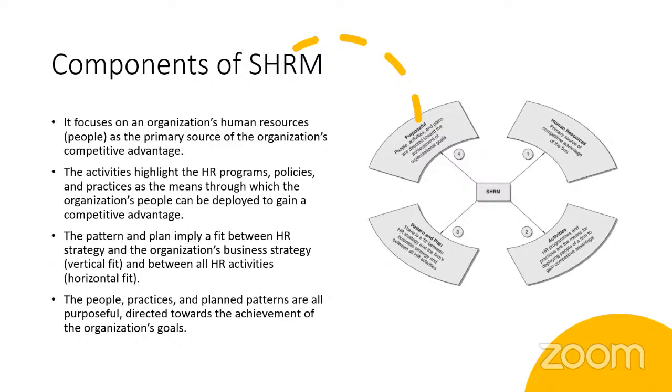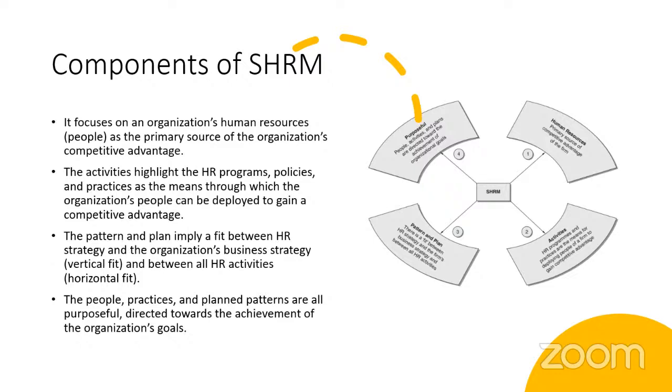So from what we see on the screen, the first component focuses on an organization's human resources, that's people, as the primary source of competitive advantage. Number 2, you have the HR programs, the policies, and the practices to drive competitive advantage. Number 3, you have the pattern and the plan that brings the integrations to work, both the vertical and the horizontal integrations.